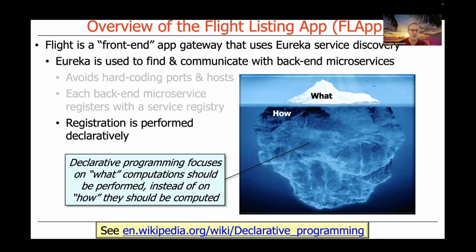So the point is what they do, not how they do it. And I like to use this iceberg metaphor when I talk about declarative programming because I think it does a good job of showing the rationale. You want to focus on the what, which is ideally more limited than the how, which is bigger.